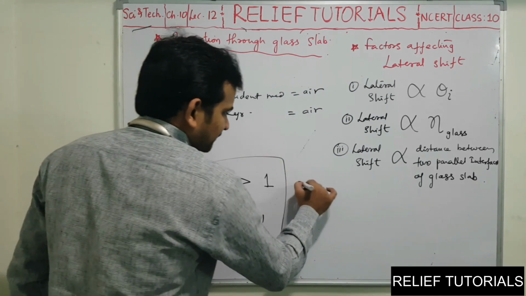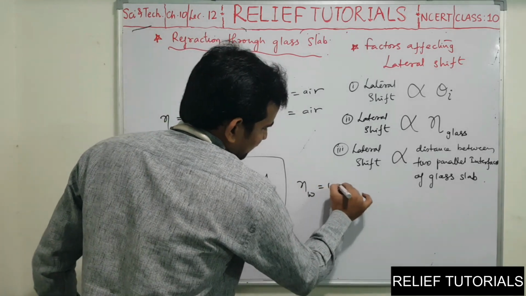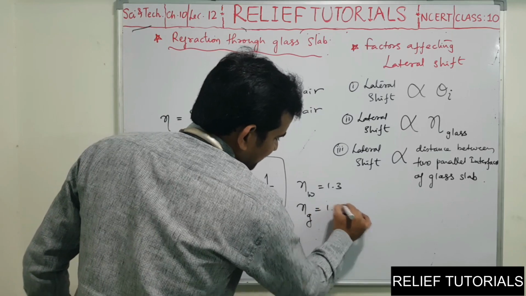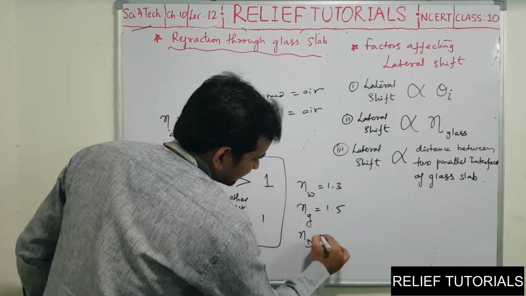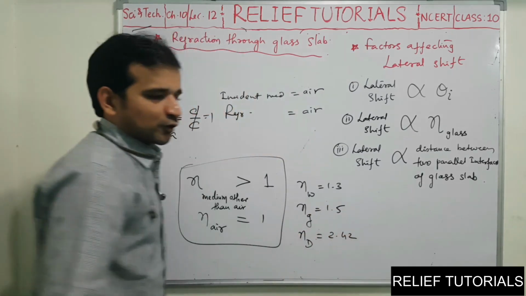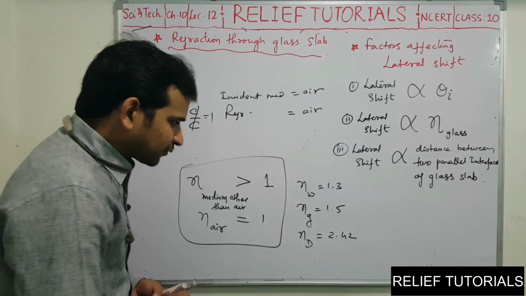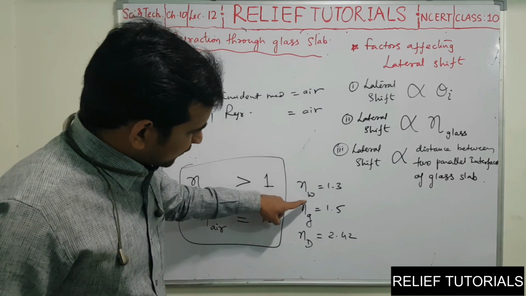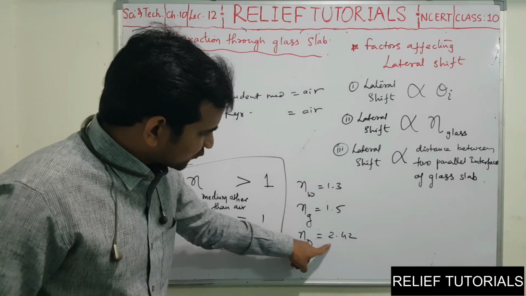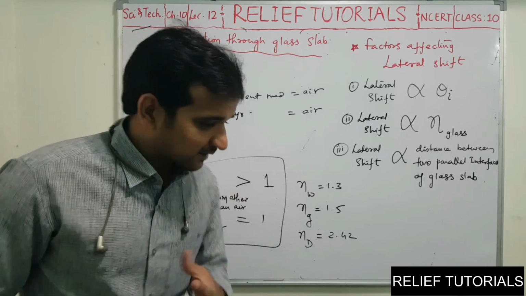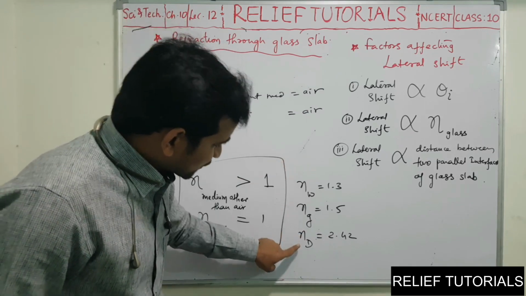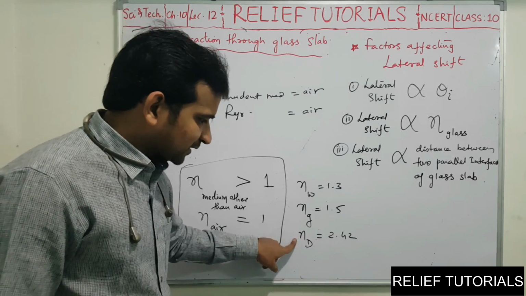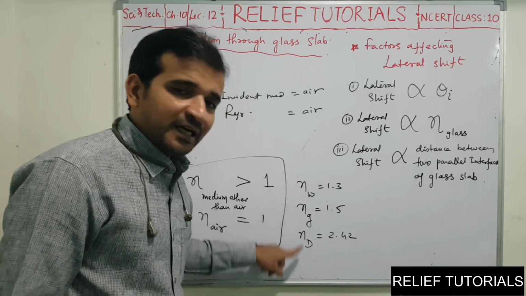Now if I say the absolute refractive index of water is 1.3, of glass is 1.5, and of diamond is 2.42, what can we conclude from these values? Look at the values. The refractive index of diamond is 2.42. It indicates that this is the most optically denser medium, so it can deviate the ray the most.